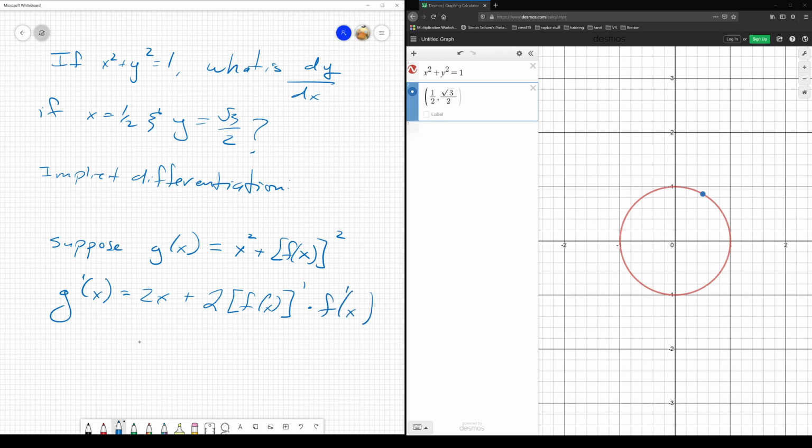of x, right? And now notice that here what I'm saying is g of x is equal to x squared plus f of x squared, but g of x also equals 1. So that means g prime of x is also equal to 0.